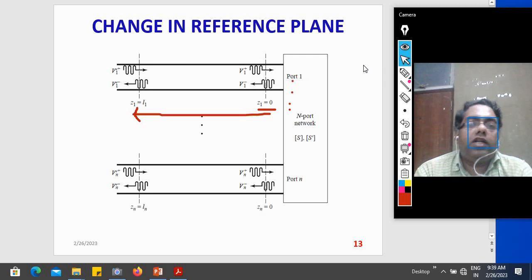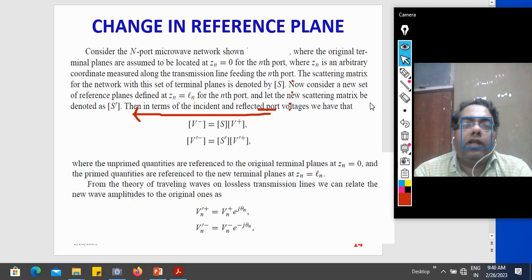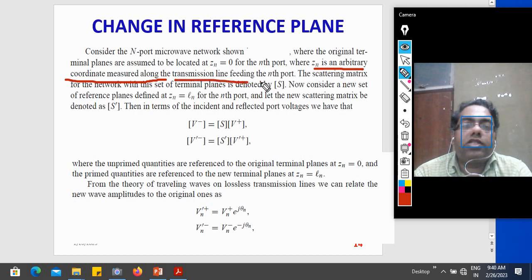Now let us see the terms of incident. Zn is any arbitrary coordinate, so we are taking one arbitrary coordinate Zn along the transmission line feeding the nth port.